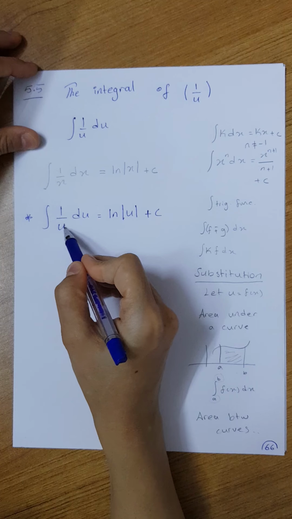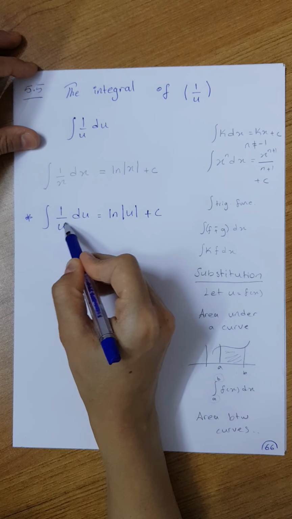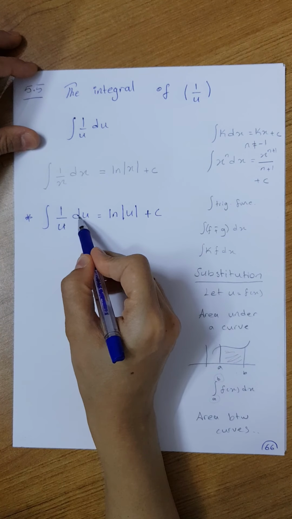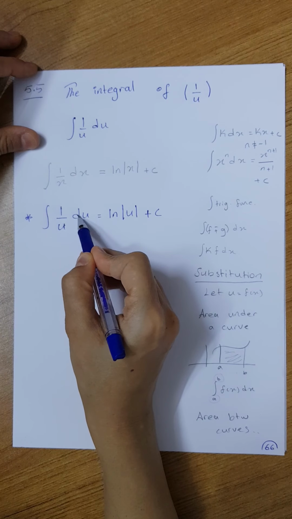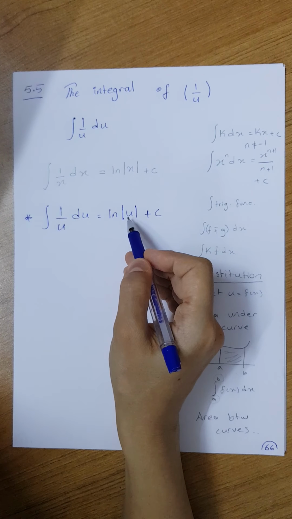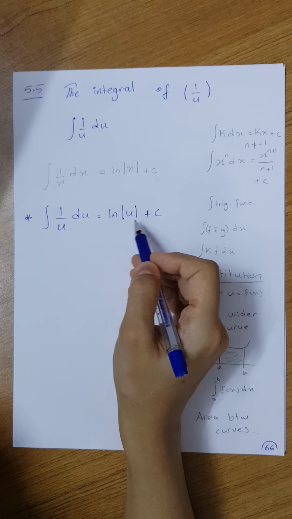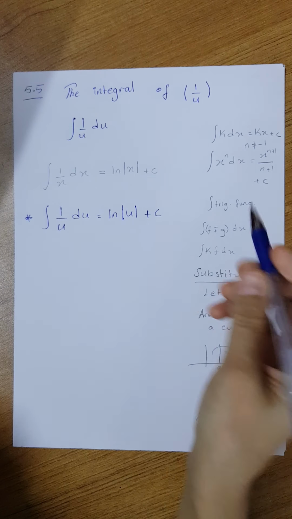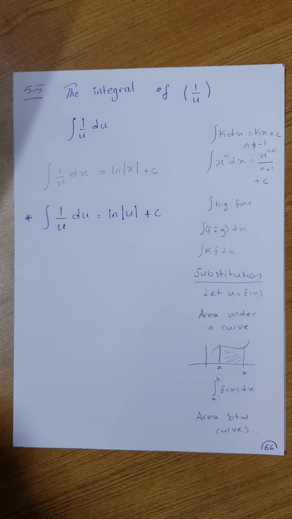If we have got the derivative of the denominator up in the numerator, look, u du is in the numerator, then we will get that the integration is equal to ln of absolute value of u plus c. Let's move to the examples that are given in your course material.